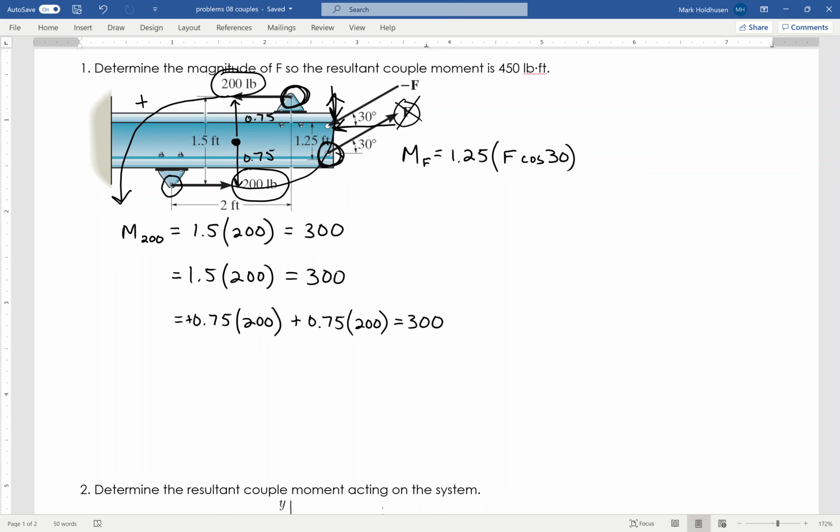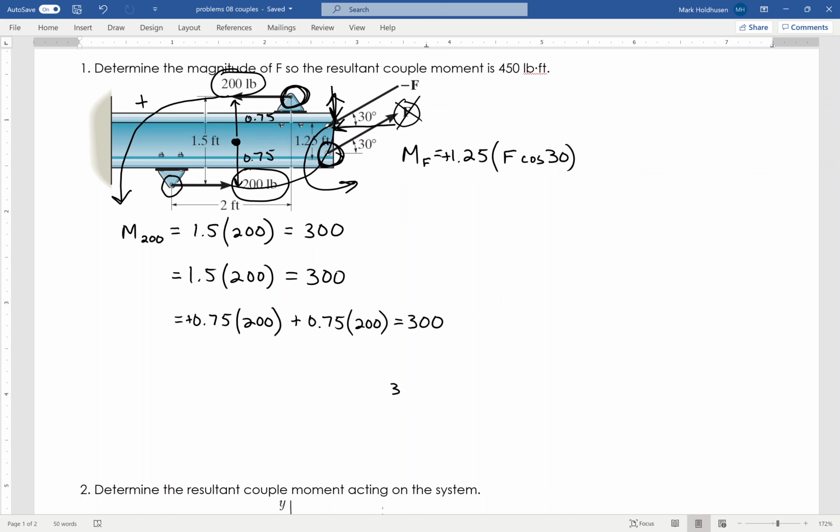So this moment of couple F, I'll call it, is nothing more than 1.25 times F cosine 30. It's just that vertical distance times the horizontal component of the force. The vertical component goes right through it, as well as that bottom force goes right through the point. And I recognize that that force is creating a positive moment. So that's what I have for that moment. Now, again, because those moments are free vectors, I can treat them independently and then just simply add them together.